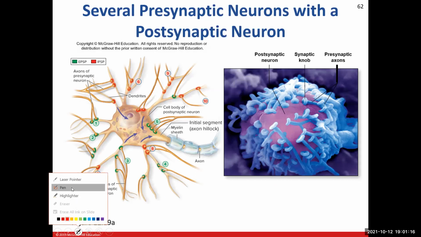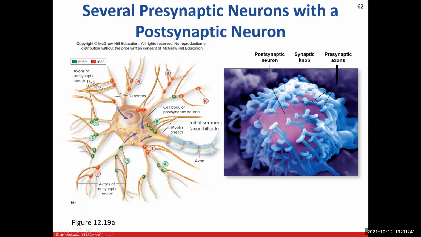Over here on the right, you can see our postsynaptic neuron cell body. And look at all these telodendria, synaptic knobs. Some of these could be releasing excitatory neurotransmitters, and some could be releasing inhibitory neurotransmitters. You can see all these different types of synaptic knobs will vary.